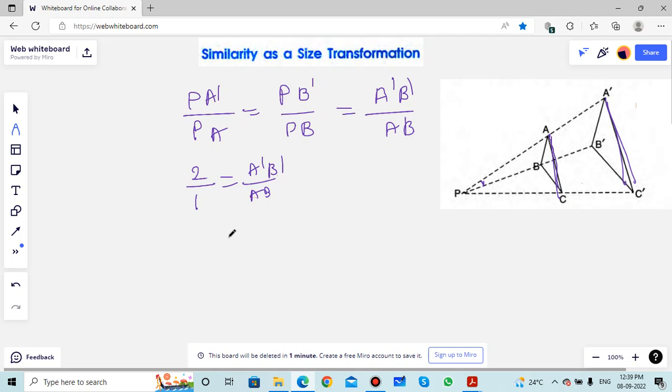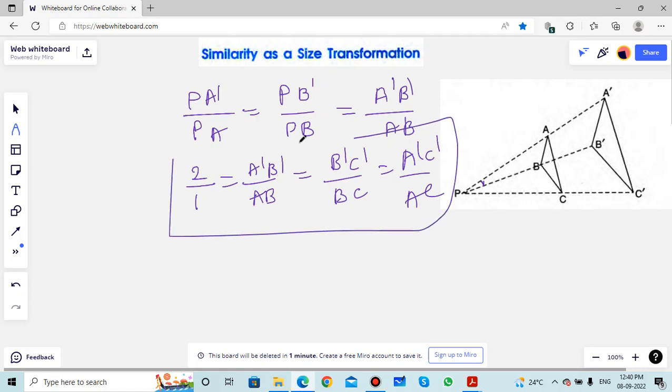Similarly, that is equal to B dash C dash upon BC, and similarly A dash C dash upon AC. So all of these are equal to 2 is to 1, right?